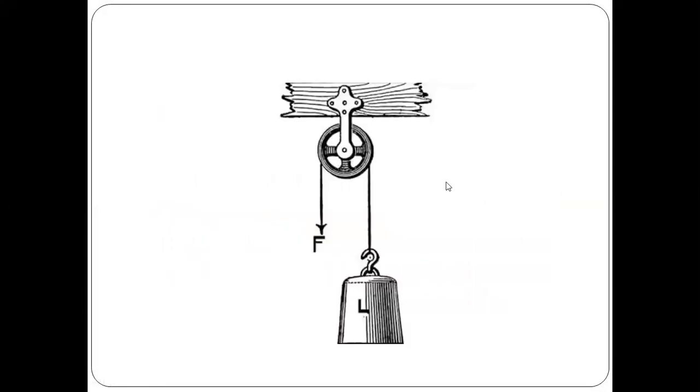So here as we can see, this is an example of a fixed pulley. This is the frame, this is the axis, this is the pulley wheel, and here is the rope. At one end of the rope is the weight, and on the other end is the effort.